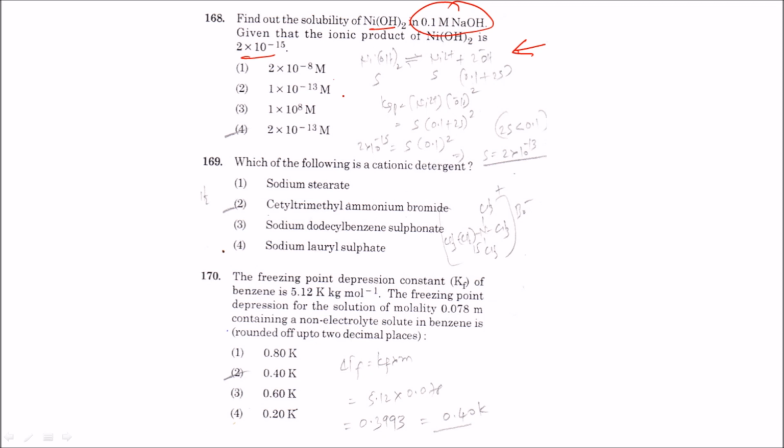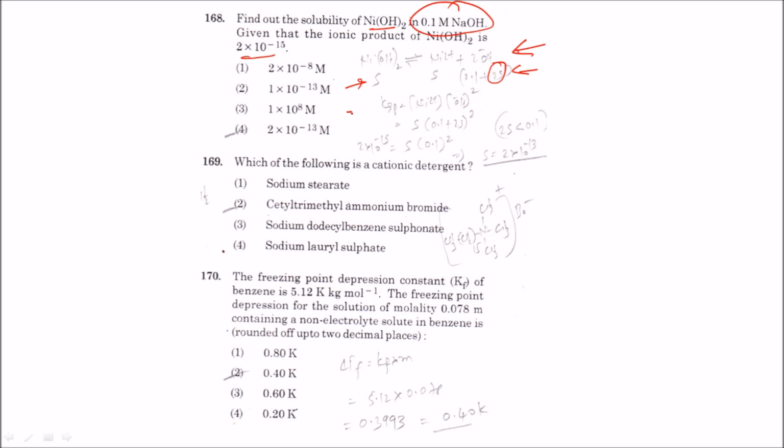At first I'll take the concentration as S for Ni(OH)2. S will be for Ni2+, and for OH- we get 2 moles after dissociation, so that is taken as 2S. Additionally we are adding 0.1 M NaOH, so the total concentration will be 0.1 plus 2S.